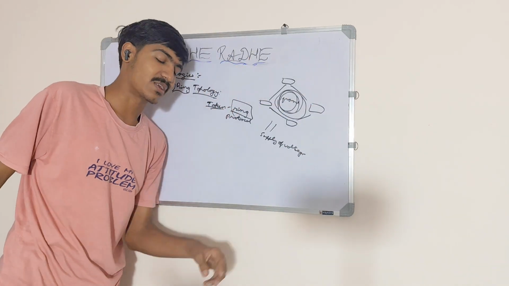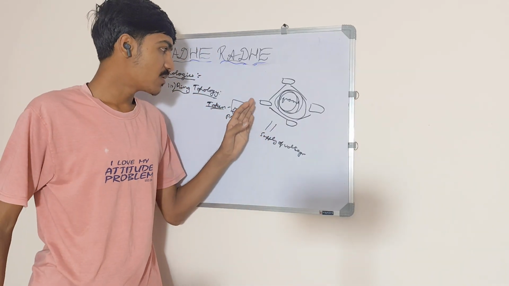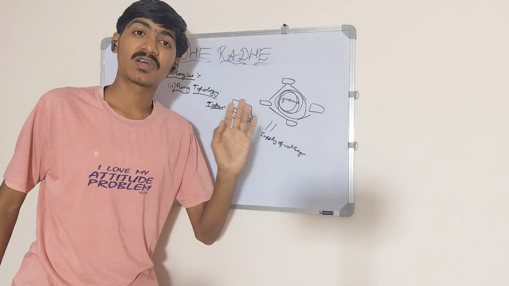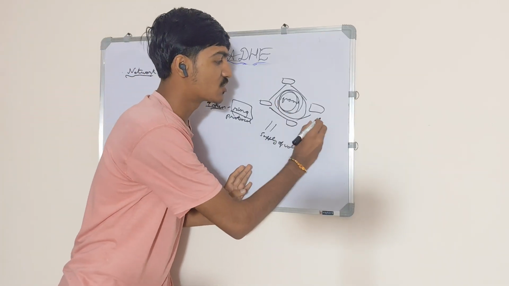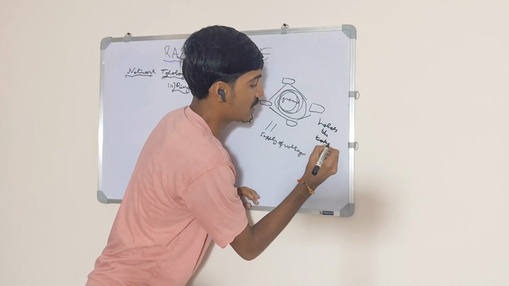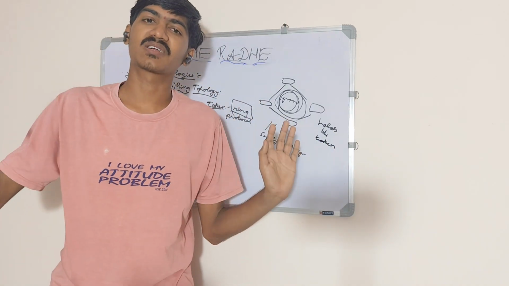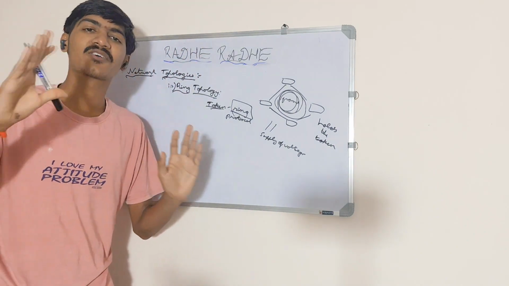Now, what's the specialty? The rule of the token ring protocol was that only the device which holds the token can send data in the network, or else they cannot send at any cost.